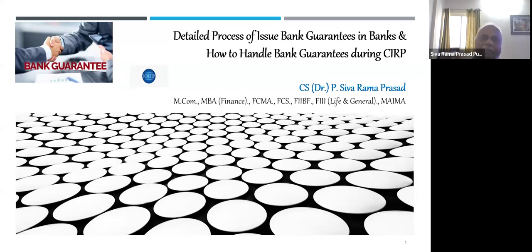Earlier, the bank guarantees were issued in a physical format, with the name of the applicant, the name of the beneficiary, and the bank's signatures, 2 signatures as per Reserve Bank of India. If the bank guarantee is more than 50,000, 2 officers with their names and their employee number are to be mentioned.